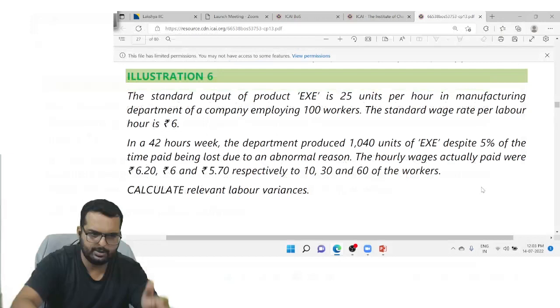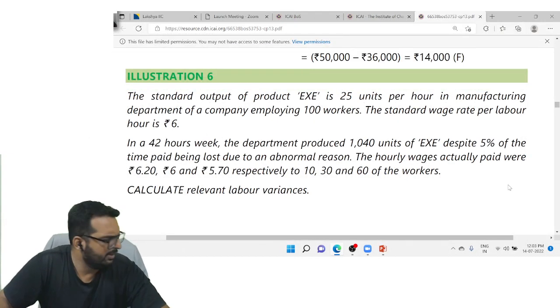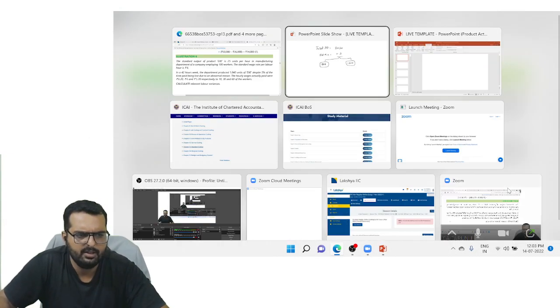Time's up, friends. Can we do it together now? SH is 4160 hours. Everybody got that answer? Let's do it together. We'll write down working note number one.